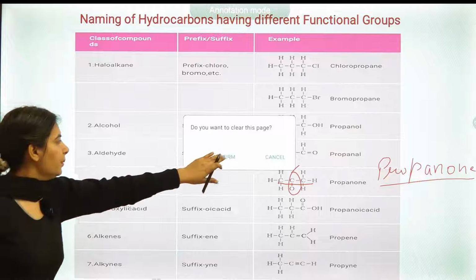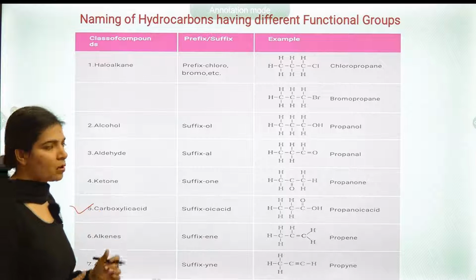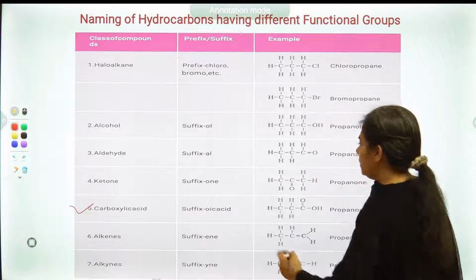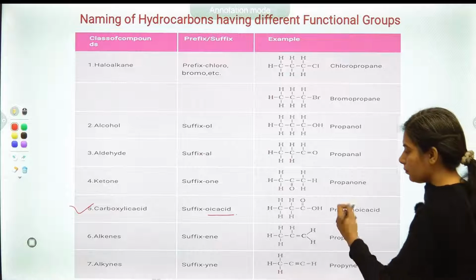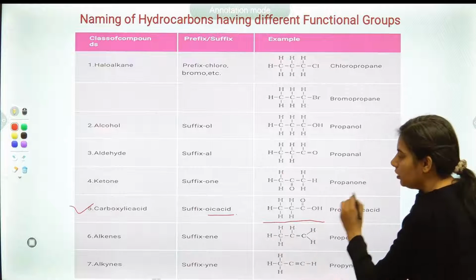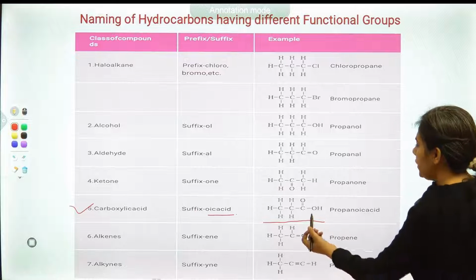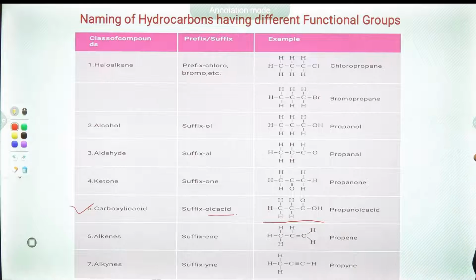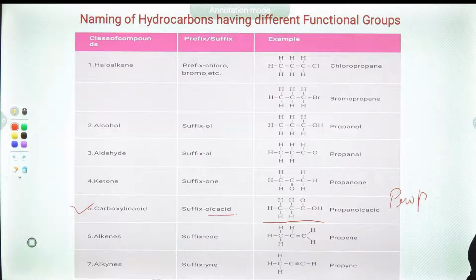In the next example, we are having the functional group that is carboxylic acid. And for carboxylic acid, we will write suffix oic acid. And if I talk about example, here again, firstly we have to see the number of carbons. And in case of example, we are having 3 carbons. And for 3 carbons, we will write prop.